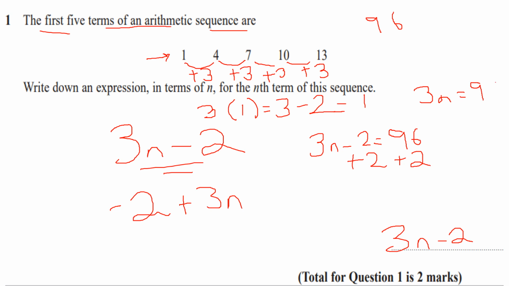Dividing both sides by 3, I get n is equal to 98 thirds. Well, 98 thirds gives you a decimal answer, because 99 thirds would give you 33. So 98 divided by 3 will not give you a whole number. That would imply that 96 does not lie in my sequence.